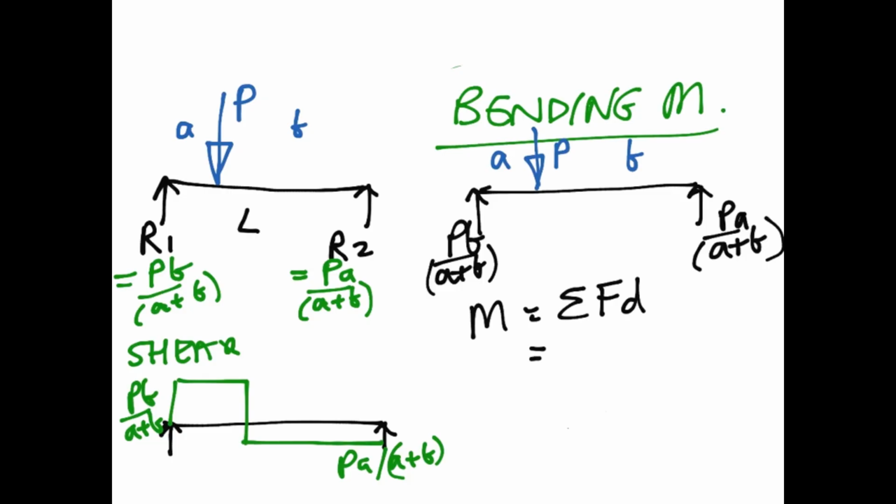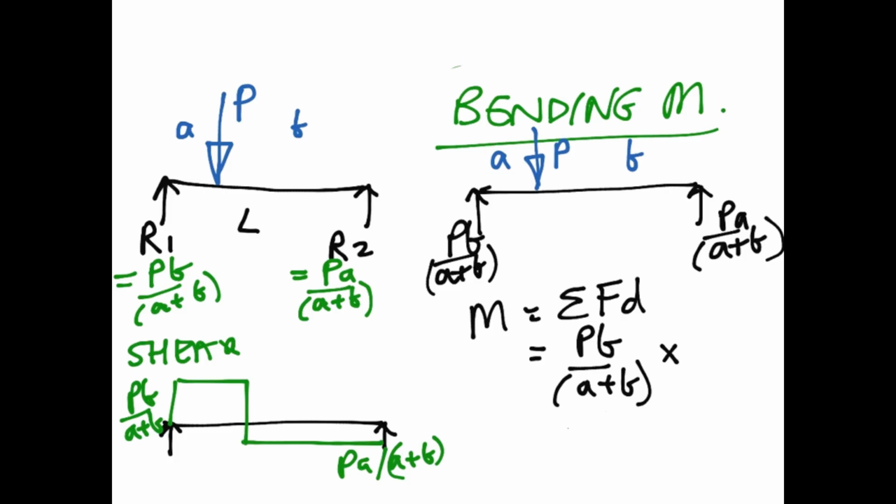The moment you're going to get is going to be equal to this force, PB over A plus B, multiplied by the distance of that force from the point you are looking at.